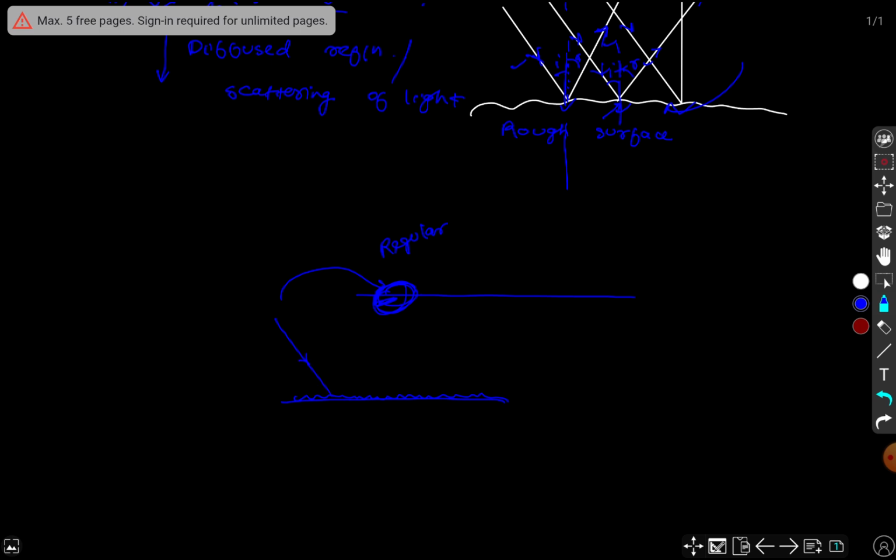The light rays that are coming from the source of light, when they strike it, let me zoom in. What's happening here, the surface is somewhat like this, and the incident ray is falling on the surface. Now if we draw the normal here, how will we be able to draw it? Let me explain. If the line had been horizontal or plane, then the incident light would have been in this direction, and you would have drawn the normal perpendicular to this surface.